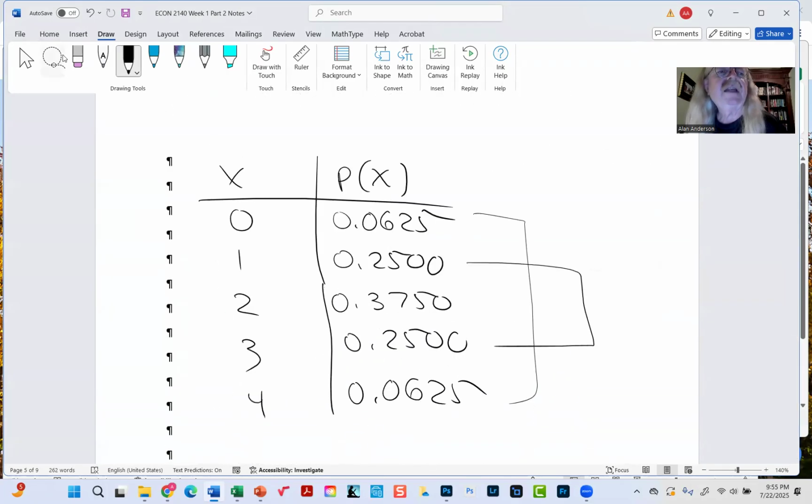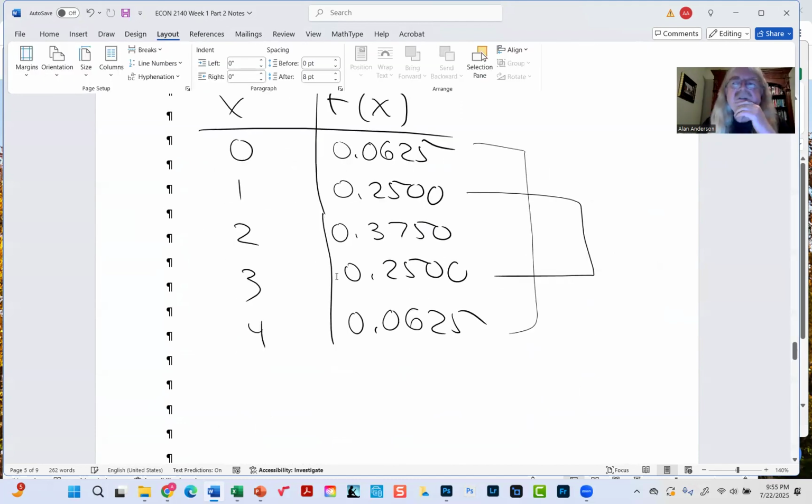All right, here it is again. Now, here's what I want to do. What if I wanted to know the probability, and this is again the case where we flip the coin 4 times, of getting, let's say, 2 heads or less? Or you could write it out like this.